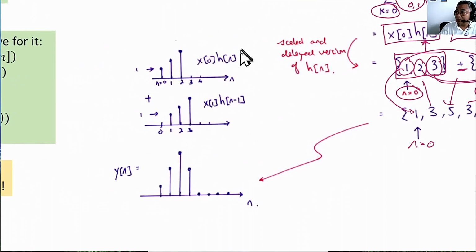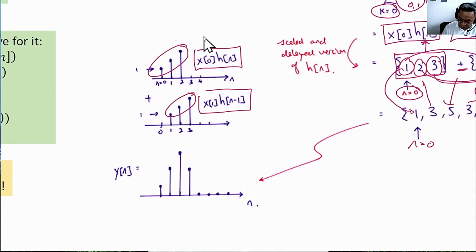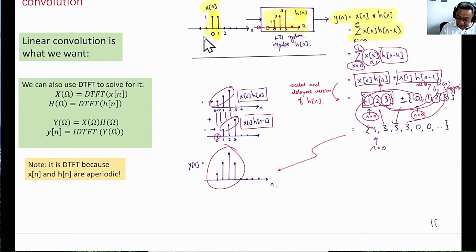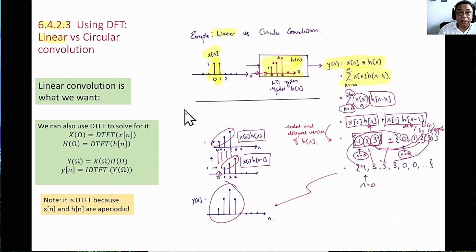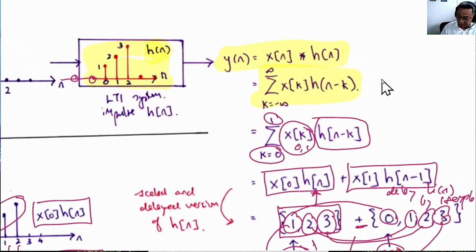So graphically it looks like this. This is 1, 2, 3 produced by x0 times h[n]. x1 times h[n minus 1] is the same 1, 2, 3 with a 0 here, and now we align to add them up and we get this value y[n]. So this is linear convolution. What must we be very careful of is this guy.